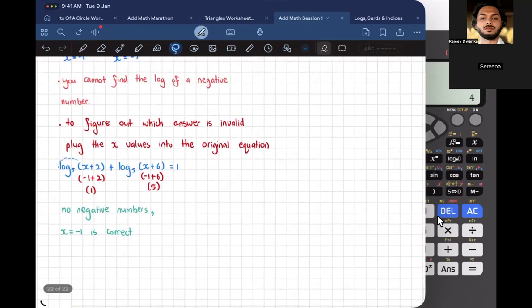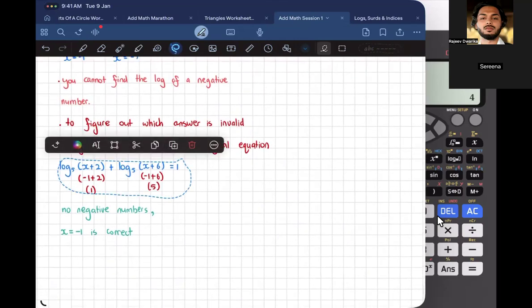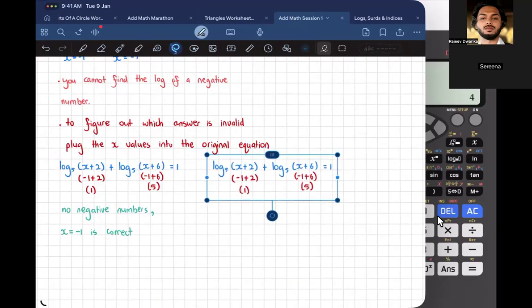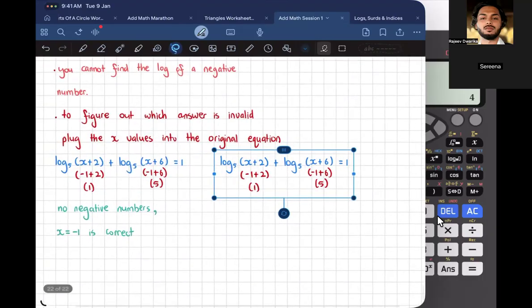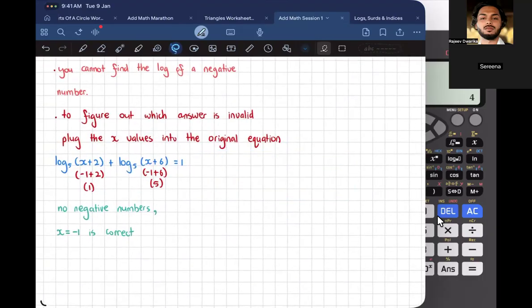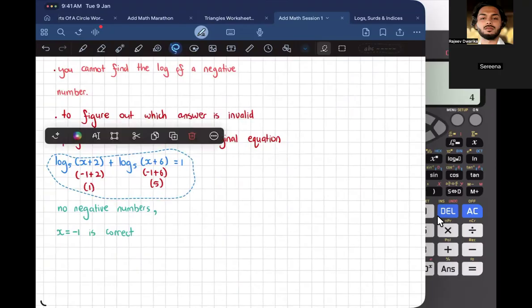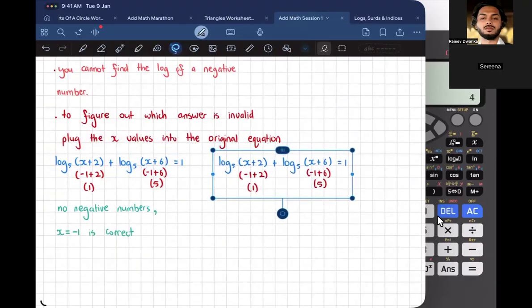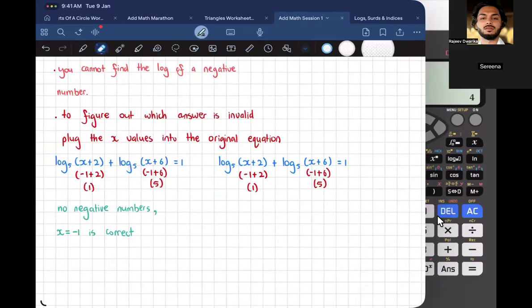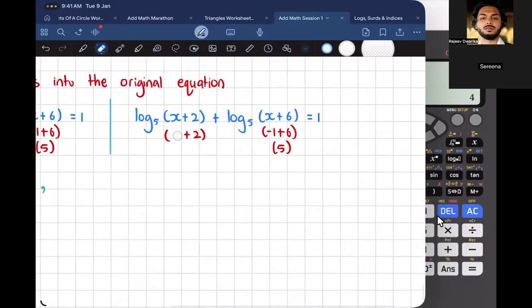Okay, what if I were to try plugging in x is equal to negative 7? What do you think would happen? Do you think I'd end up with a negative number? Yes. In one of those brackets, you'll end up with a negative number. So that would be -7 plus 2.